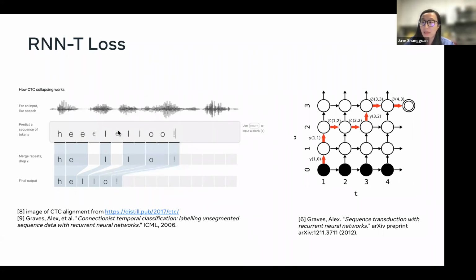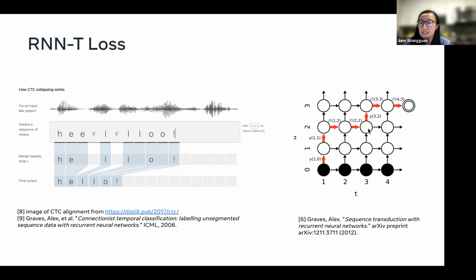And if we apply a similar idea to the RNNT model, then let's look at the right-hand side. The vertical axis is the sequence of tokens. The horizontal axis is the time frames. So each time 1, 2, 3, 4 corresponds to an input frame. And the model itself is basically traversing through this lattice to produce the final transcript.